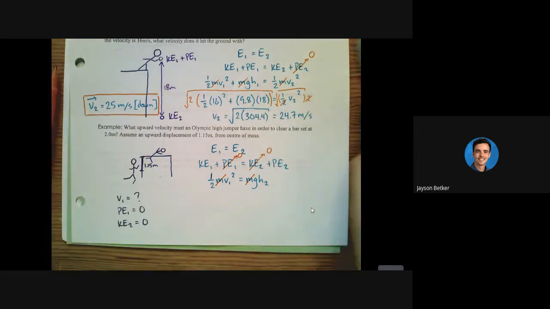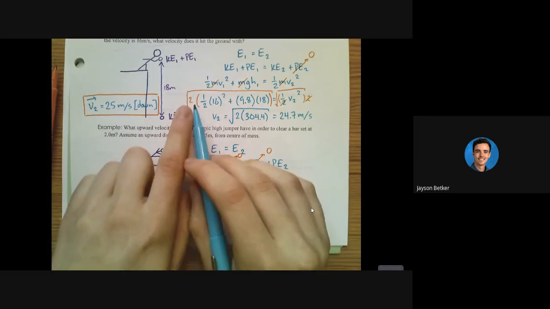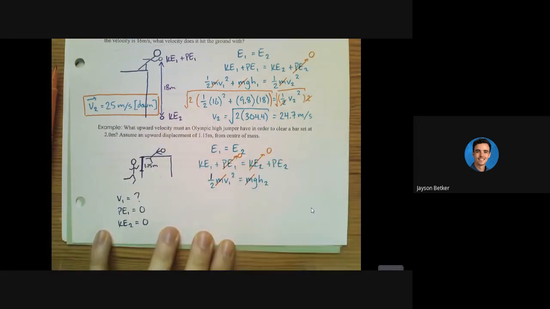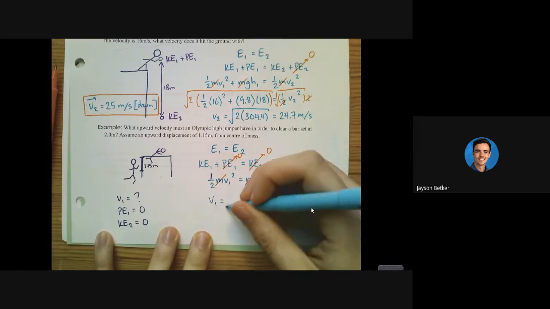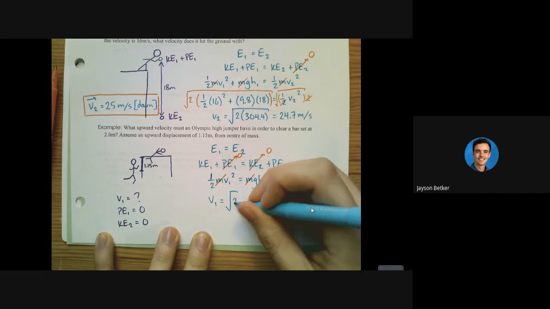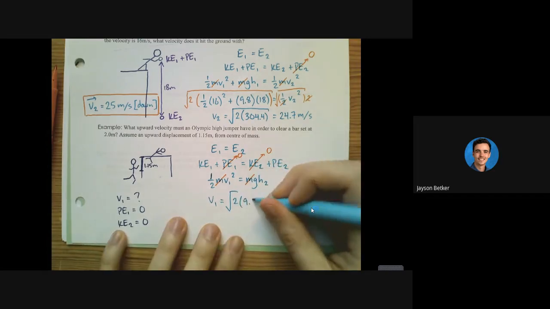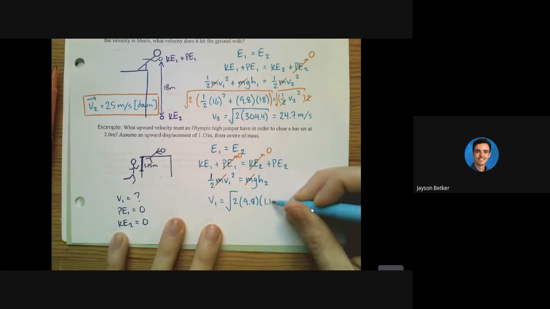So now what we have is the same kind of setup as the last time. We're going to end up with the root of 2 times the value. That's just how I isolate for V1. And V1 is going to be equal to the root of 2 times g, which is 9.8, and h2, which is 1.15.